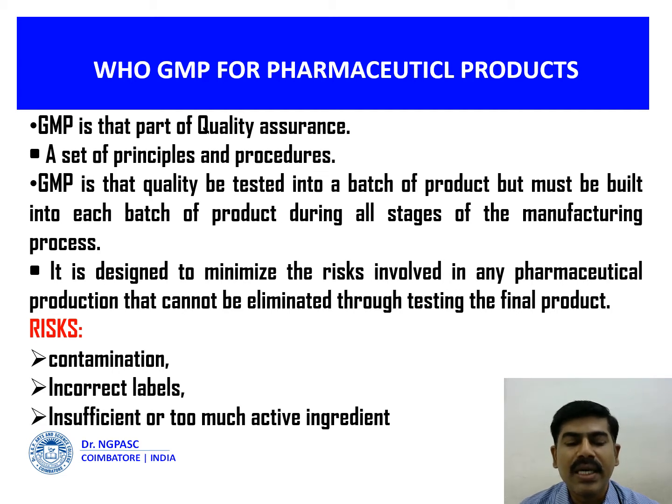An inappropriate label gives inappropriate and wrong details about the products. That's why the correct labels should be mentioned or pasted on the product. Then insufficient or too much active ingredients.